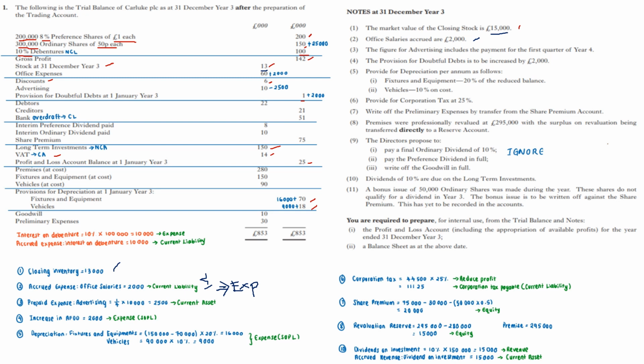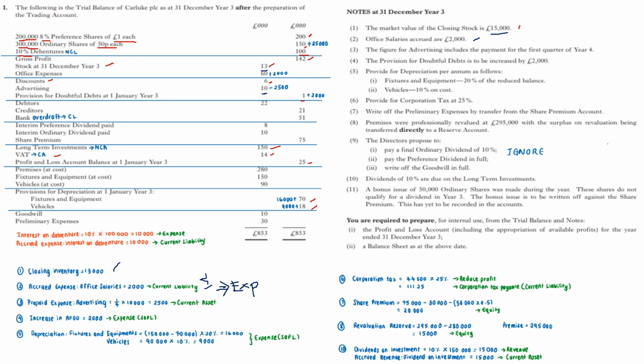Number 3, figure for advertising includes the payment for the first quarter of year 4. So what does this mean? This advertising, the 10,000 here, covers not only year 3 but also the first quarter of year 4.